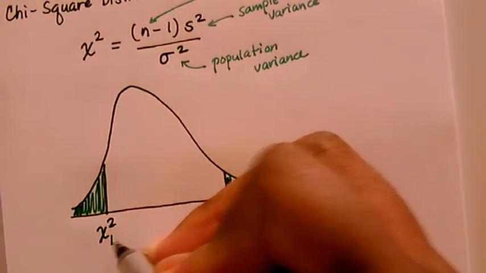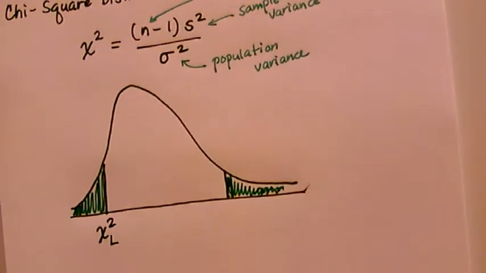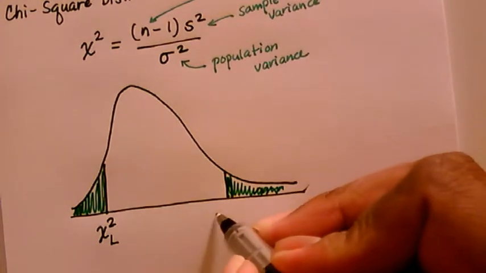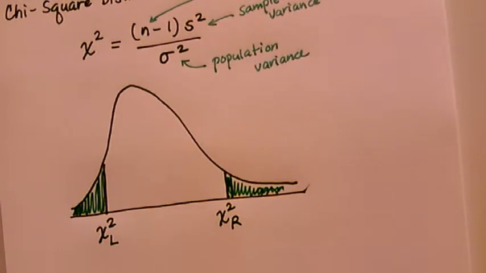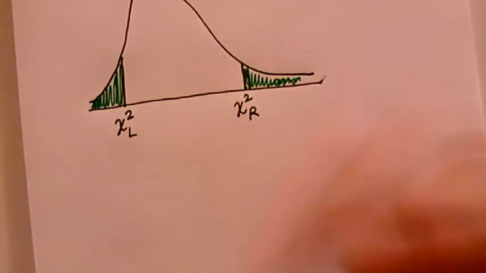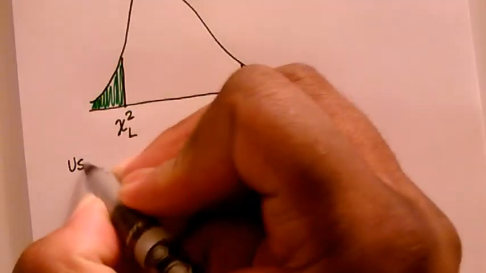One is the chi-square value on the left-hand side, and there's another chi-square value that you'll find on the right-hand side. So those are the notations for chi-square on the left and chi-square on the right. And to find those chi-square values, we're going to be using table A-4.